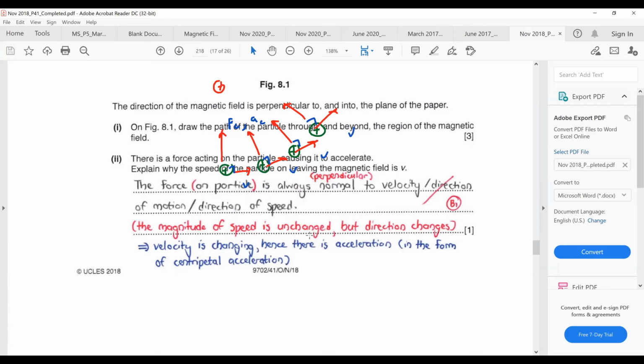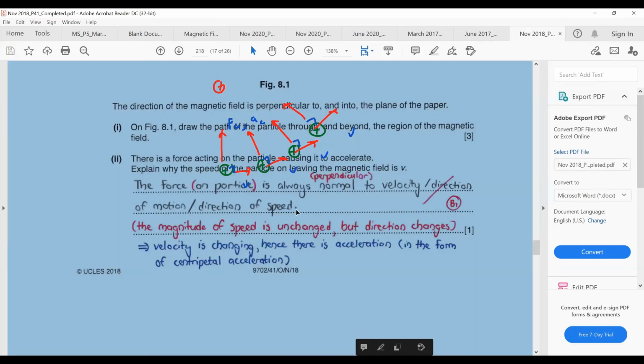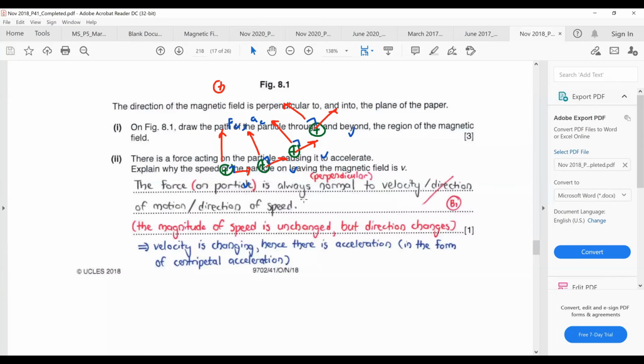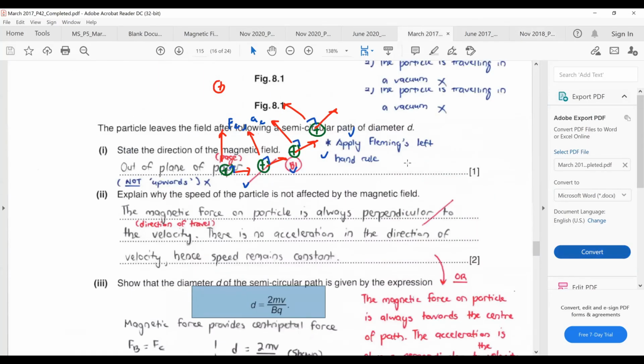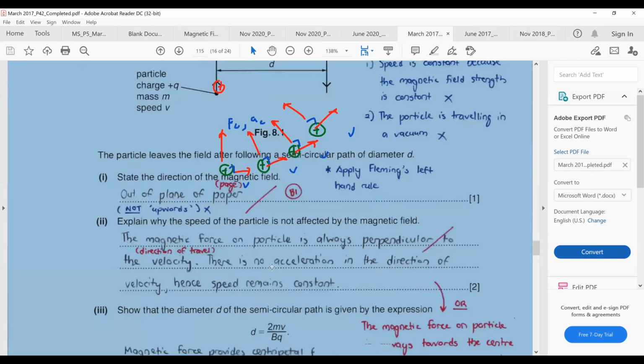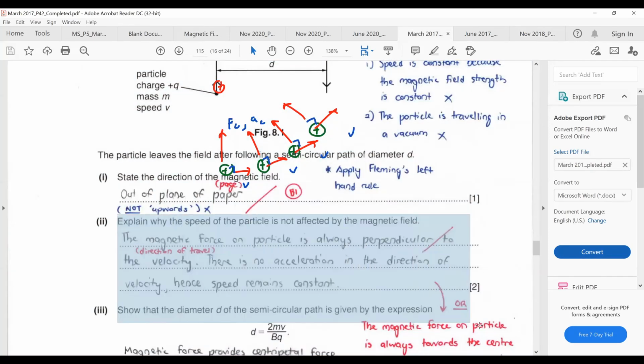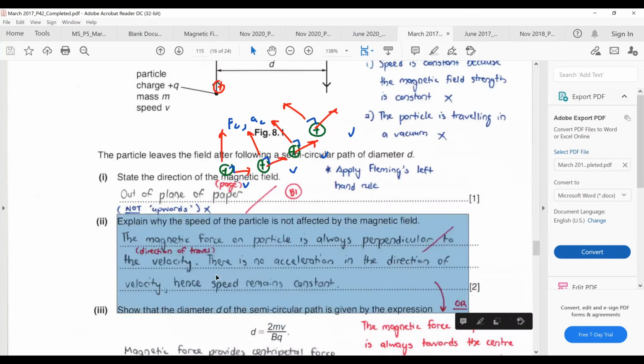You have actually answered a similar question to this just now, where they ask you why the speed is unchanged. You say that the force is always normal to the velocity. There's no component of acceleration in the direction of velocity, so in the direction of the motion, your speed remains constant. Okay, that one was, I think, March 17 P42, the part where they ask you to explain why the speed of the particle is not affected by the magnetic field.